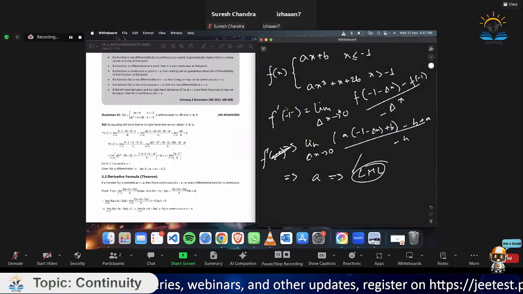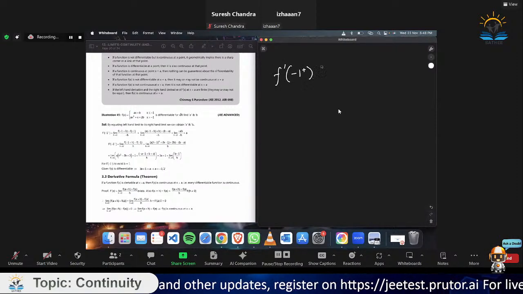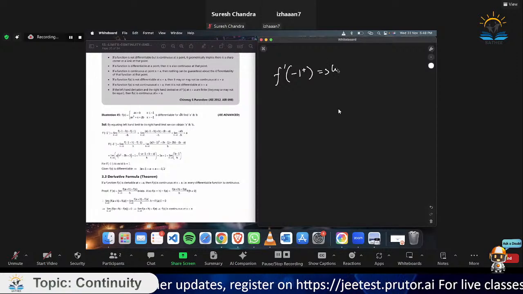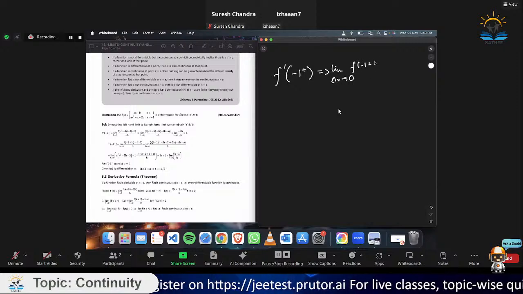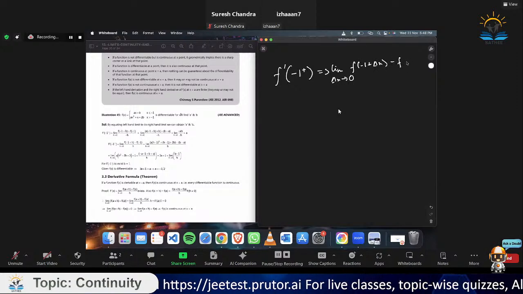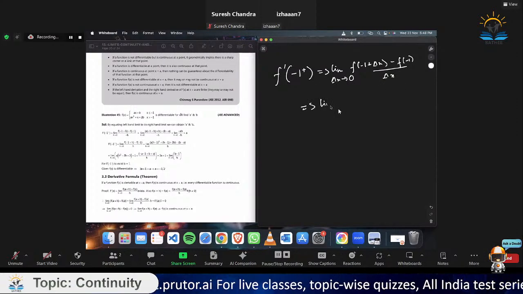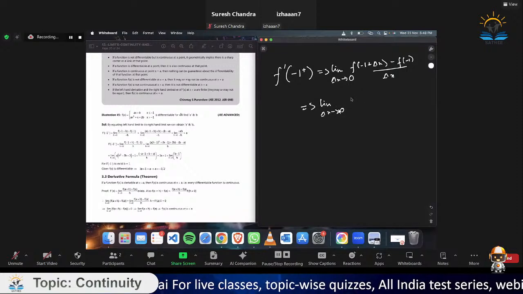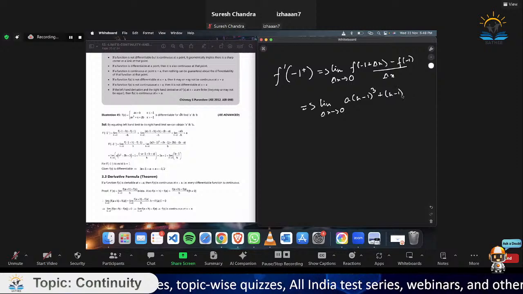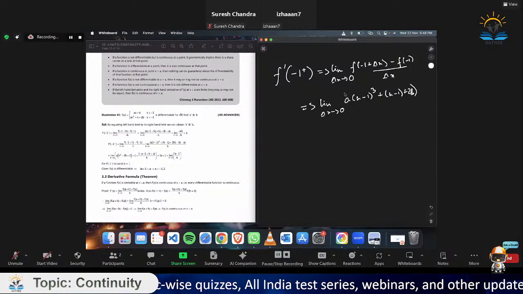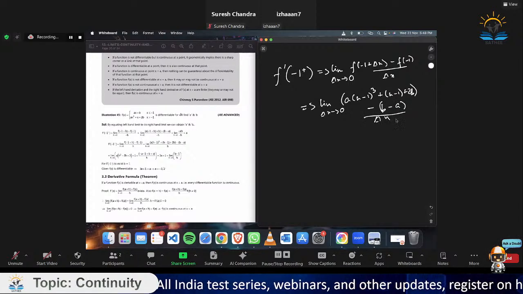Now we'll find out the right hand limit. The right hand limit will be f dash minus 1 from the positive side. So this will be limit Δx tending to 0, f(minus 1 plus Δx) minus f(minus 1), all divided by Δx. So limit Δx tends to 0, a(minus 1 plus h) cube plus (minus 1 plus h) plus 2b, minus (minus a plus b), all divided by Δx.